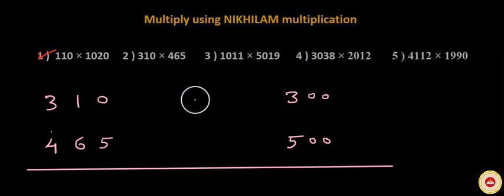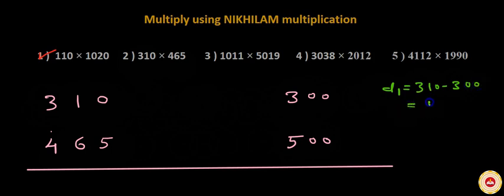Now let us calculate deviations. Deviation for the number 310, D1: subtract the nearest base from this number. 310 minus 300 is 10. Now let us calculate the deviation for 465.